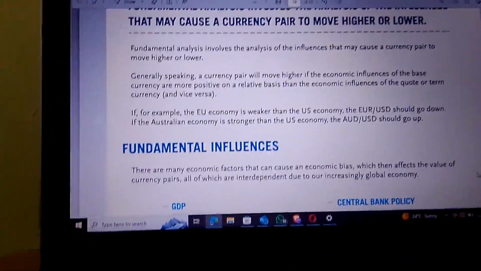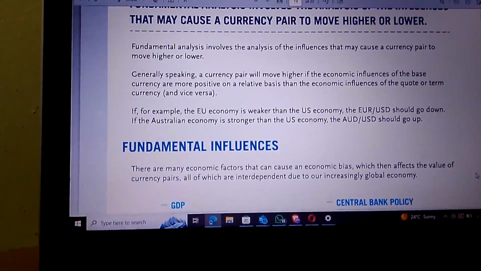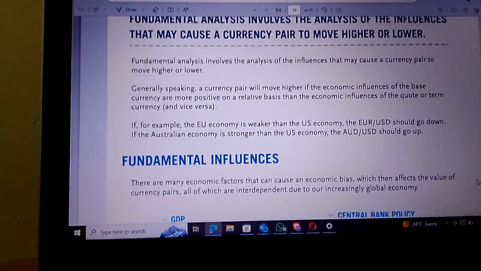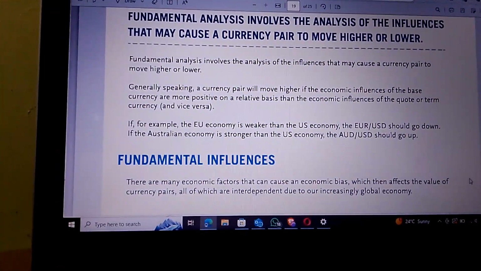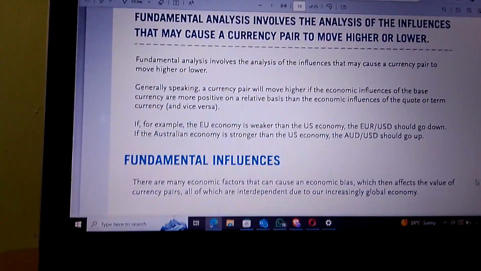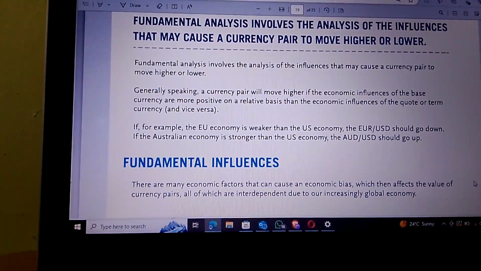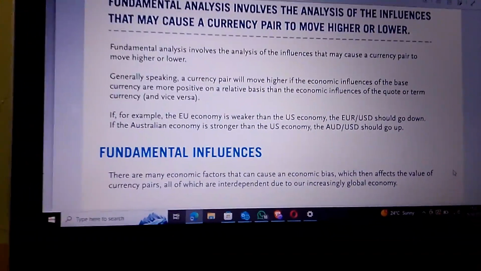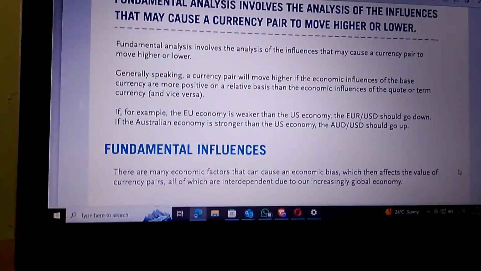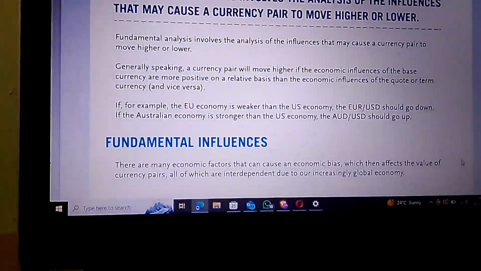Now I guess this is where you predict the movement of the currency. I've seen people doing that in the media.